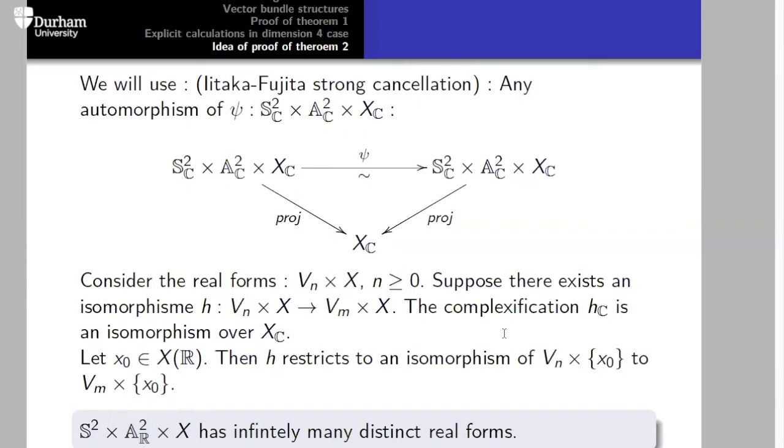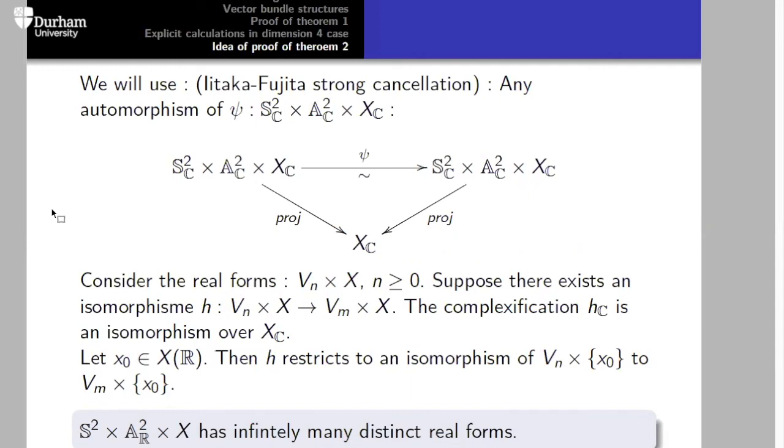Since I picked X to have a real point, I take a real point X0, and this isomorphism will restrict to an isomorphism of Vn cross X0 to Vm cross X0, which is of course impossible because Vn is not isomorphic to Vm. And therefore S2 cross A2R cross X has infinitely many distinct real forms.